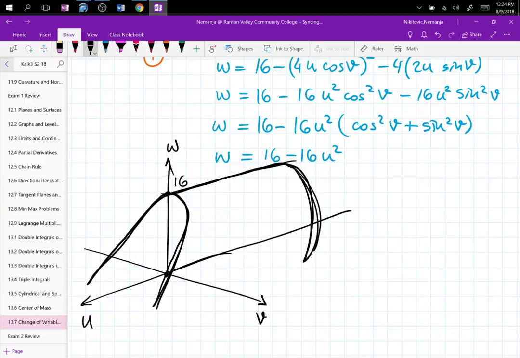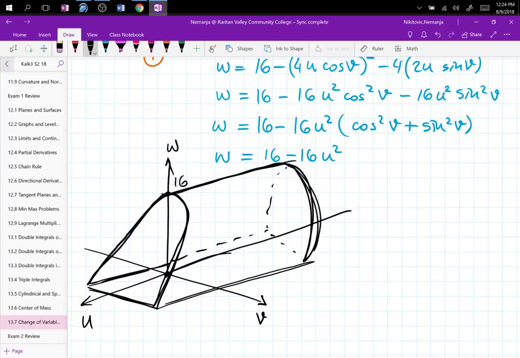Now it's going to hit the w equals 0 plane and give you the bottom of that. It's a tunnel. It's a mailbox. Thank you. It's a mailbox. It's a tunnel. That's what it is.